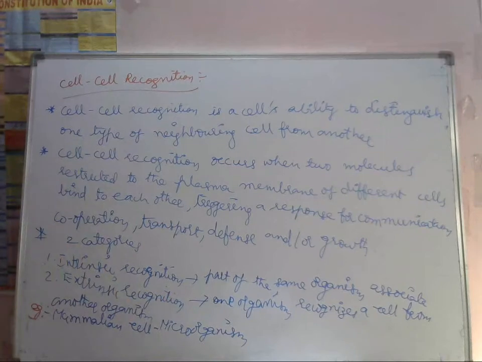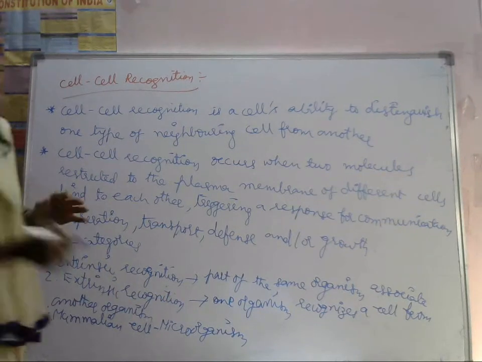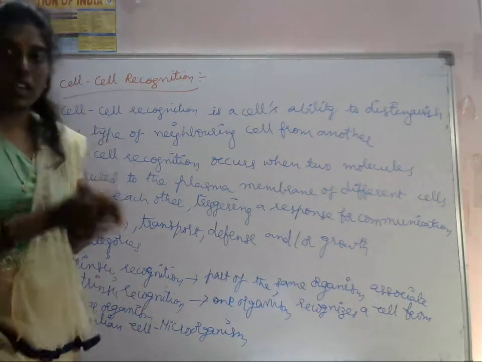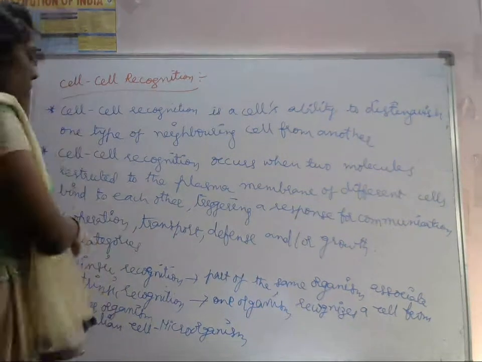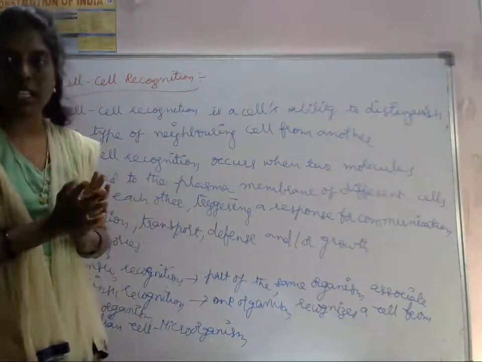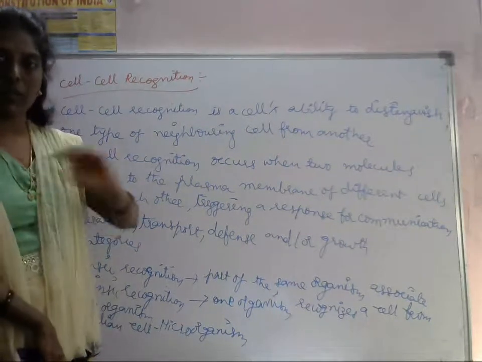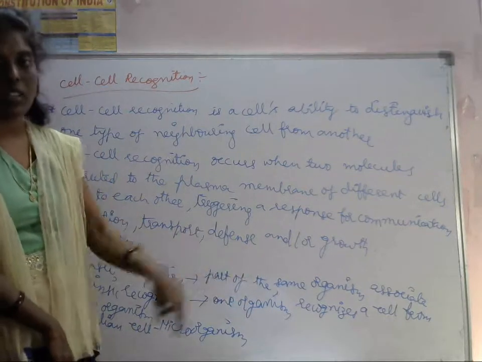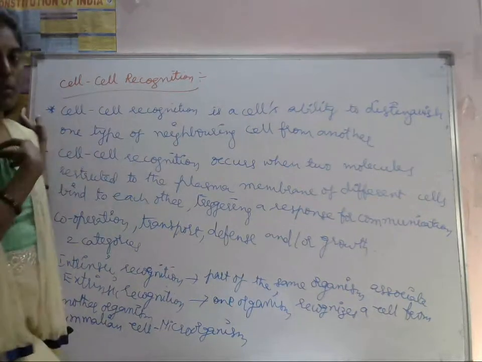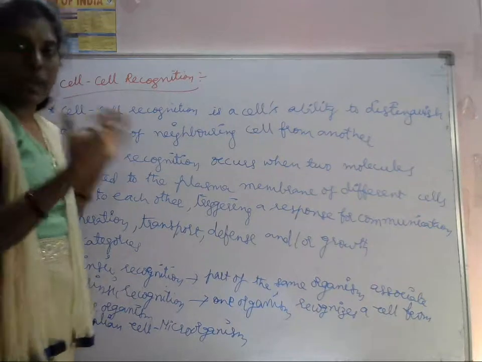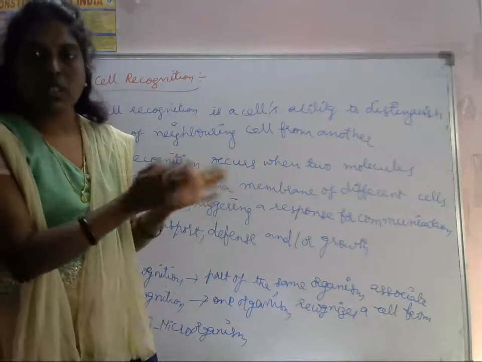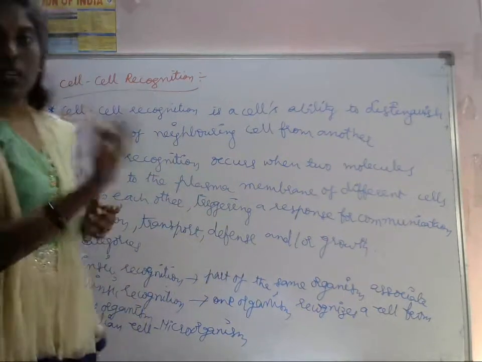If an outside cell is in our body, then it is called extrinsic recognition. If cell to cell recognition occurs in our body between the same organism, then it is called intrinsic. What is extrinsic?